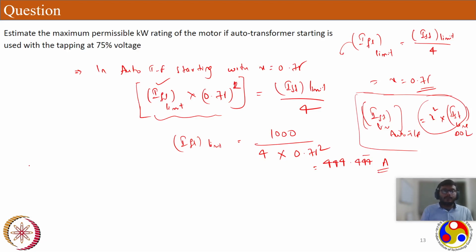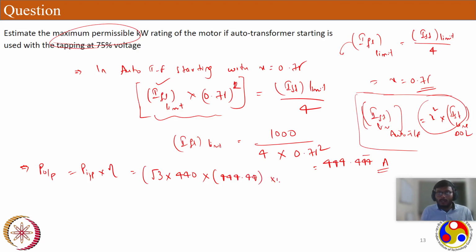For this, again, the post analysis says we need to calculate the maximum permissible kilowatt. That is P output, which is the P input multiplied by efficiency. Root 3 times line voltage 440, line current now 444.44, multiplied by the power factor cos phi and efficiency.